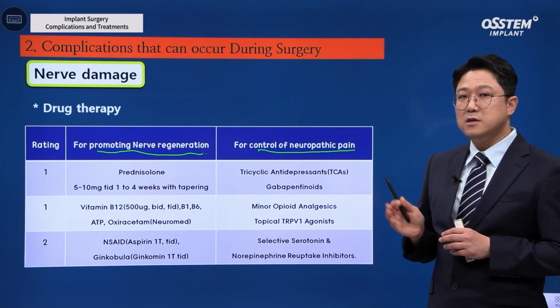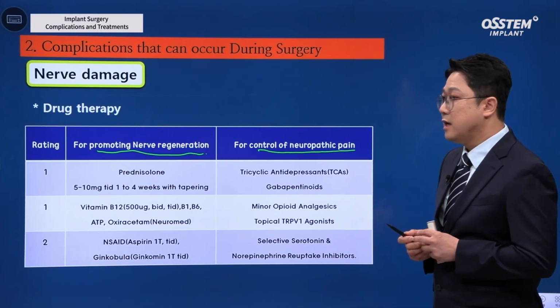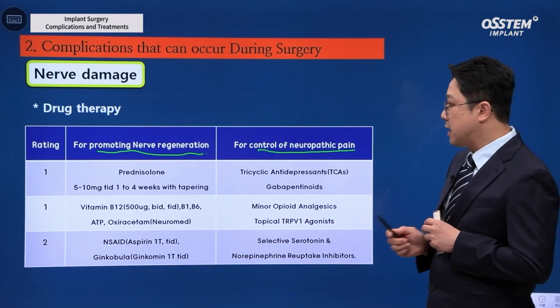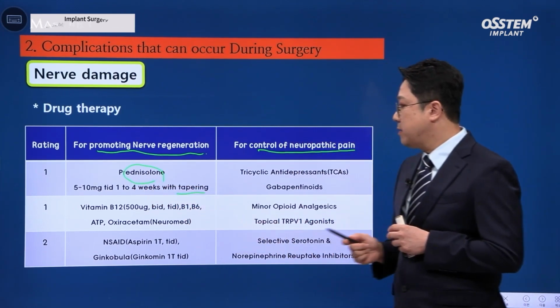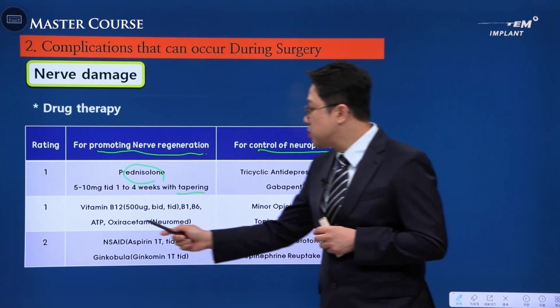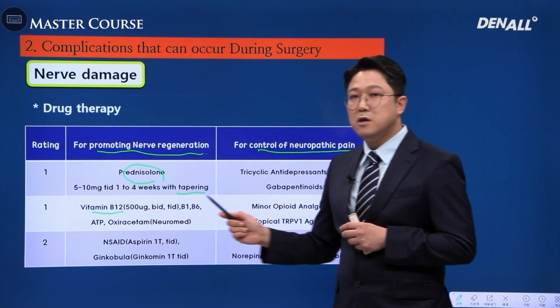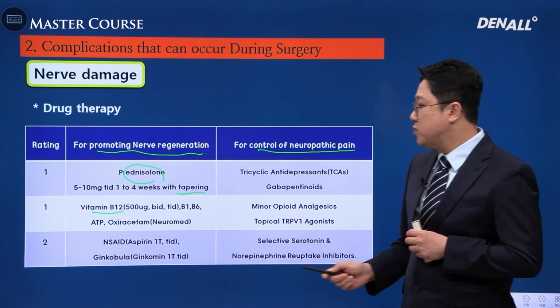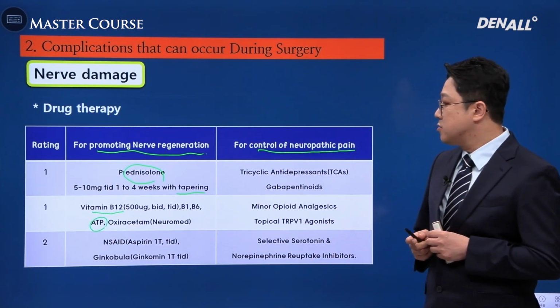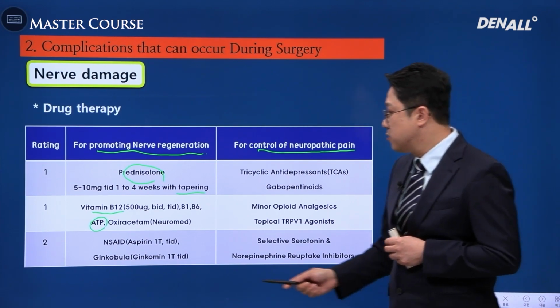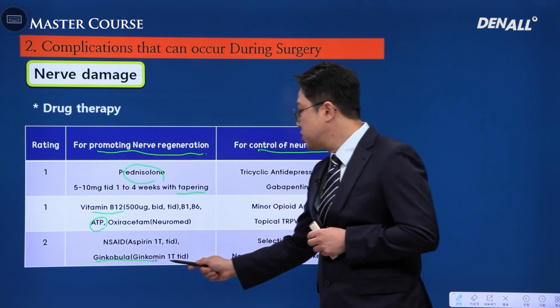In order to promote nerve regeneration, pressure needs to be reduced. In order to do that, steroid-type drugs need to be prescribed in a tapered manner. Vitamin B12 and ATP are crucial for nerve regeneration. Also, blood flow improvement medicines such as ginkgo biloba can be prescribed.